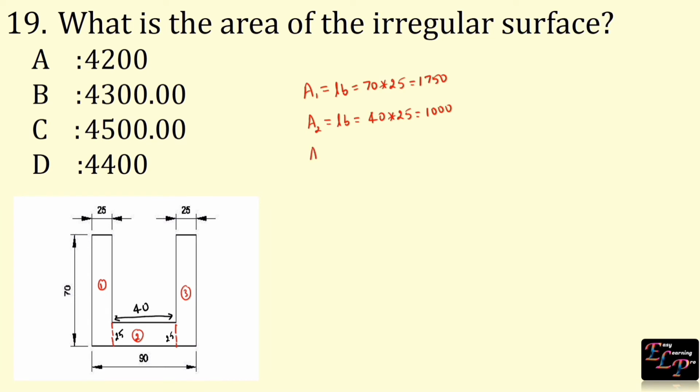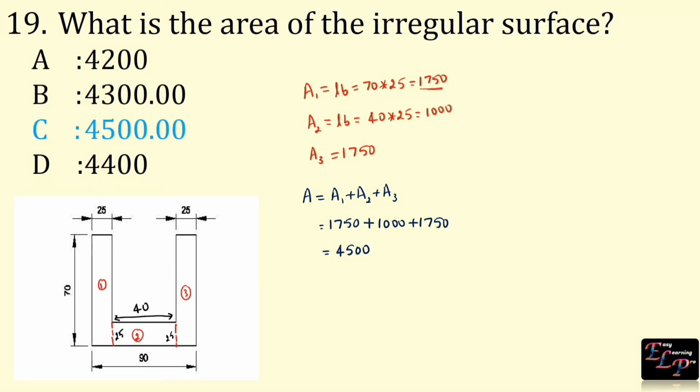And third shape is also a rectangle with dimension same as first shape, hence A3 is equal to 1750. Here all the shapes are combined together, hence total area is equal to A1 plus A2 plus A3. 1750 plus 1000 plus 1750, which is equal to 4500. So the correct answer is option C, 4500.